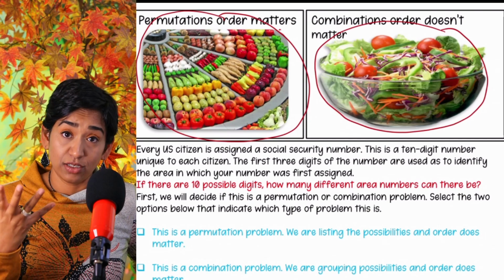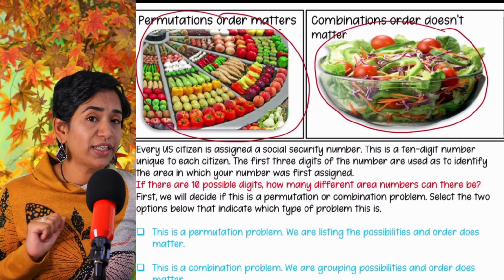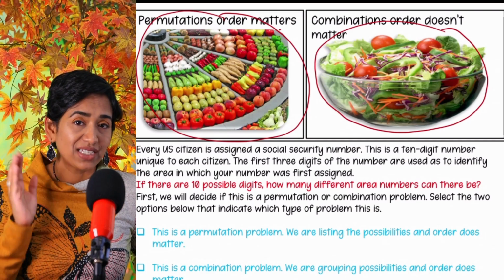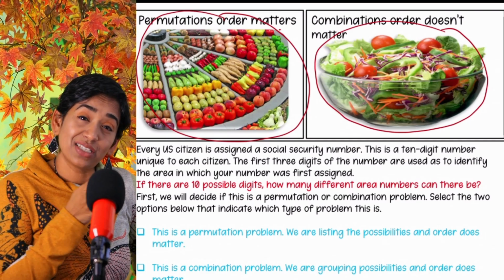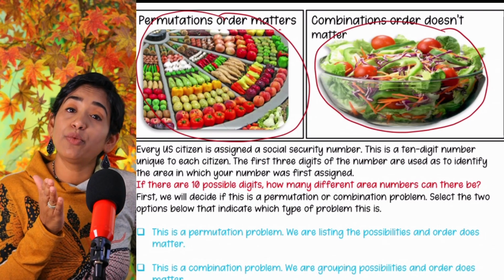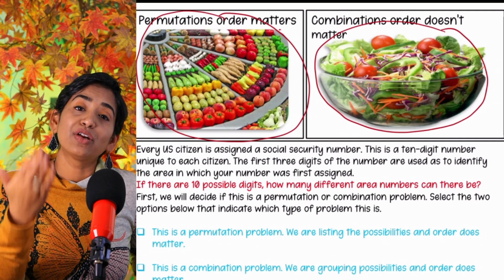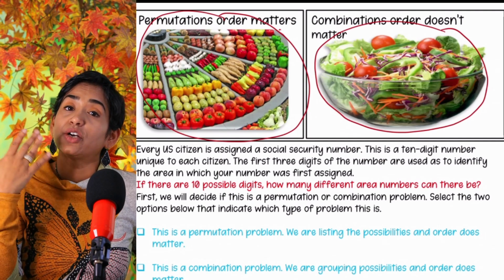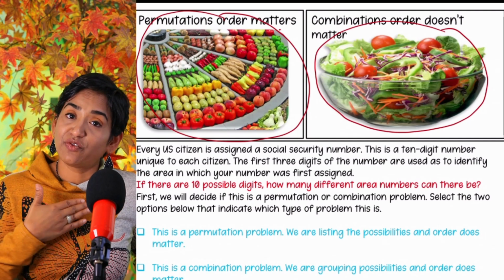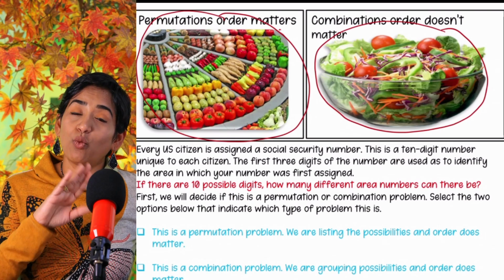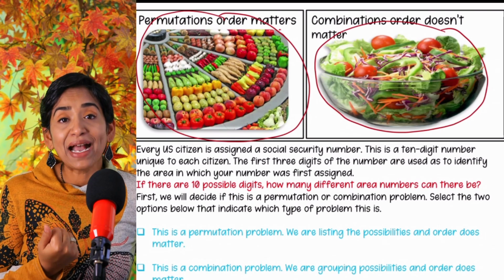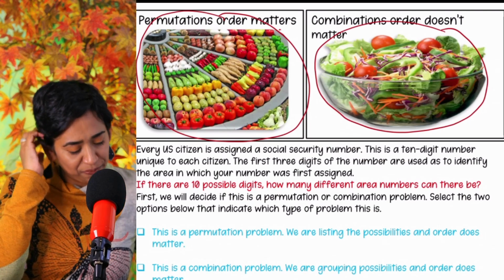Yes. If my number is 1, 2, 3, 4, 5, 6, 7, 8, 9, and your number is 2, 3, 4, 5, 6, 7, 8, 9, 1, then your number is different from mine, because the arrangement is different. When the arrangement or order matters, it is a permutation.